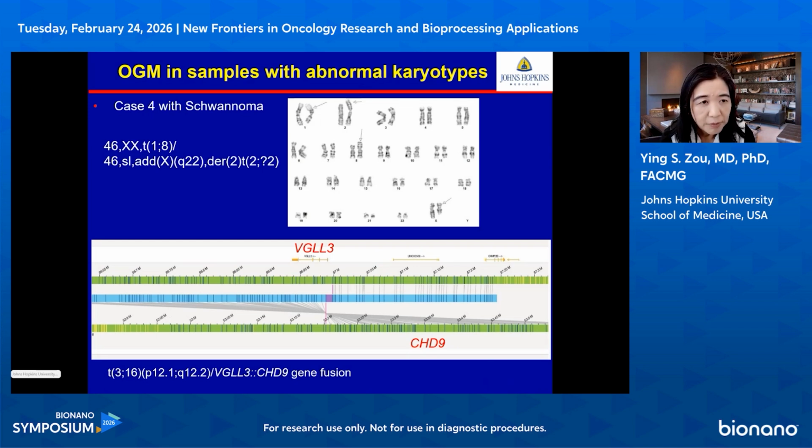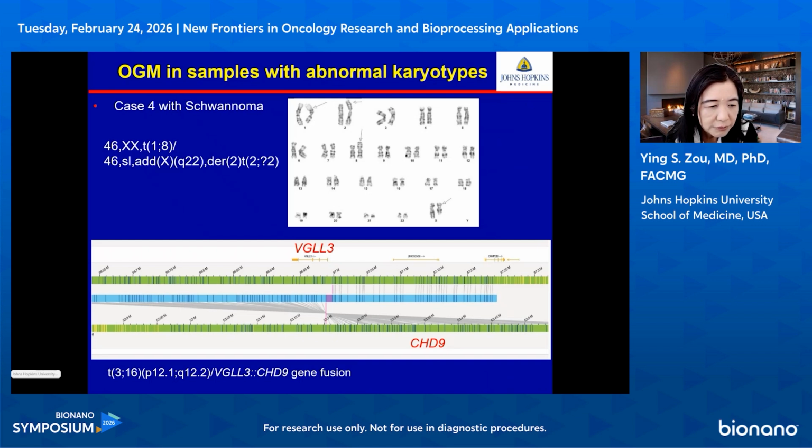So OGM is also important to detect pathogenic variants in cases with abnormal karyotypes. In this case, the patient had 2 cells by karyotype with a 1 and 8 translocation, and additional abnormalities of abnormal chromosome X and abnormal chromosome 2.